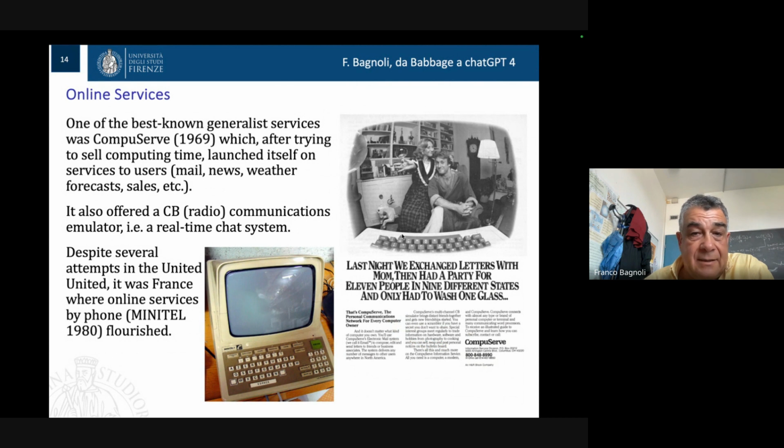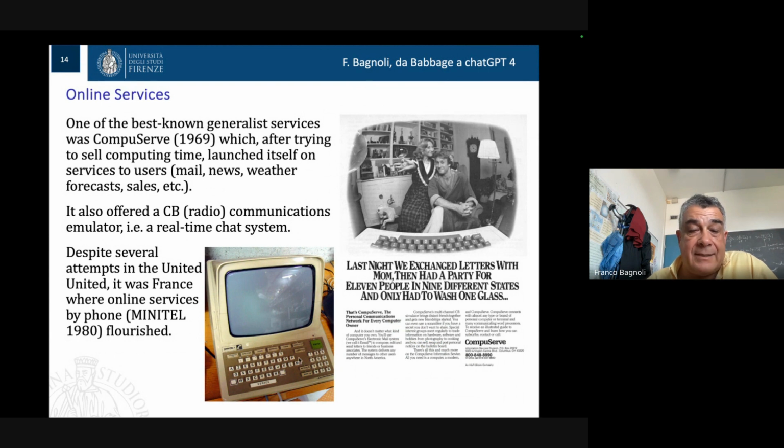This vision, however, in the USA did not get much attention. Clearly, CompuServe was connecting a lot of users, but still was not very popular.